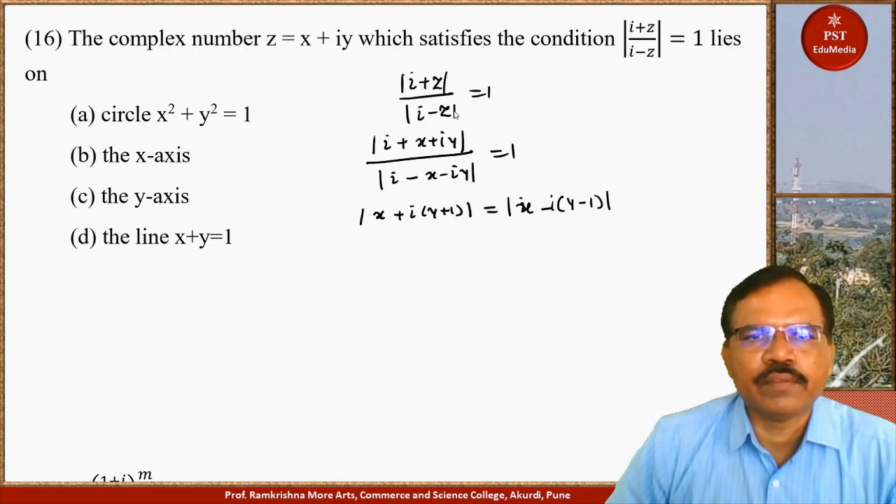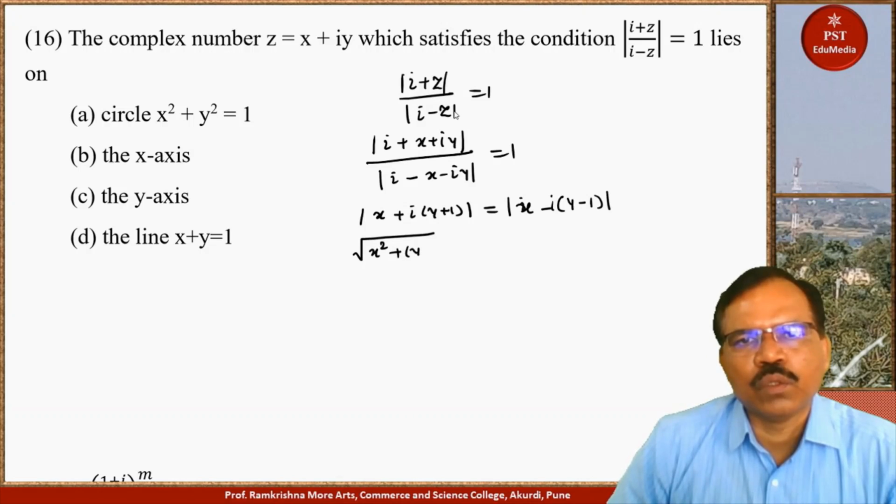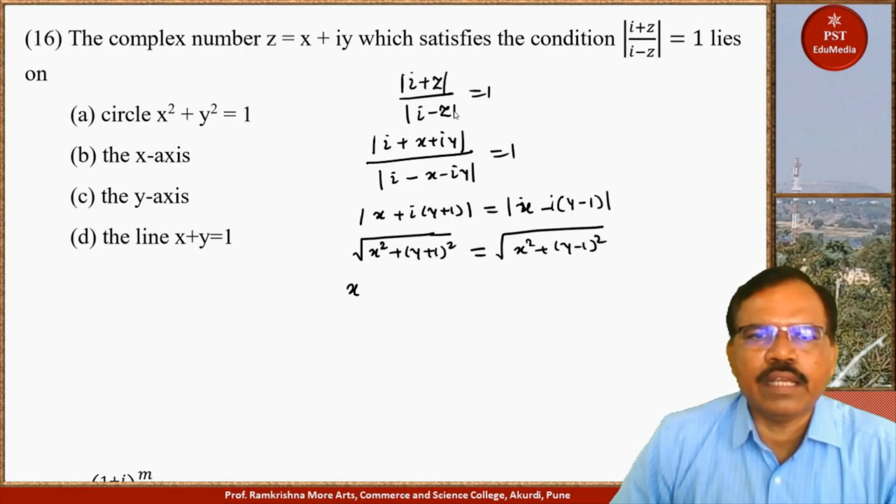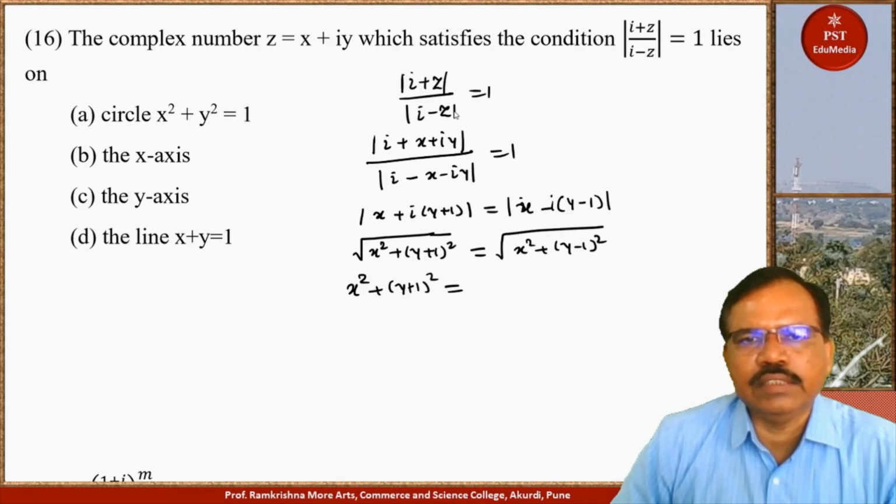So here we'll get root of x square plus y plus 1 square is equal to root of x square plus y minus 1 square. So we get here x square plus y plus 1 square is equal to x square plus y minus 1 square.